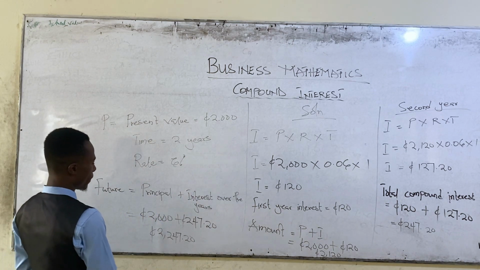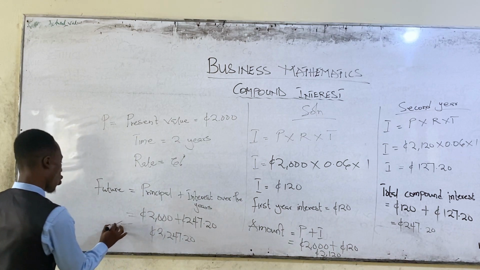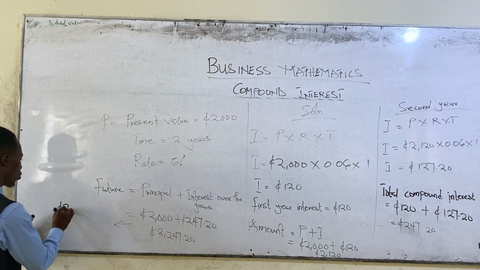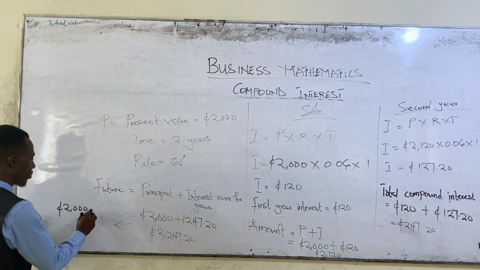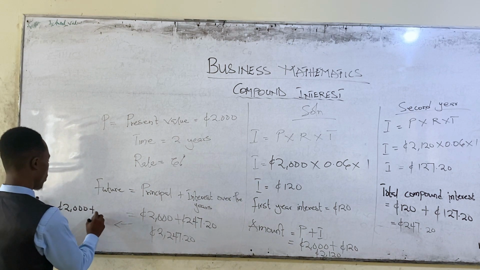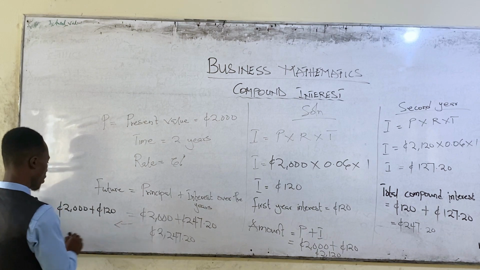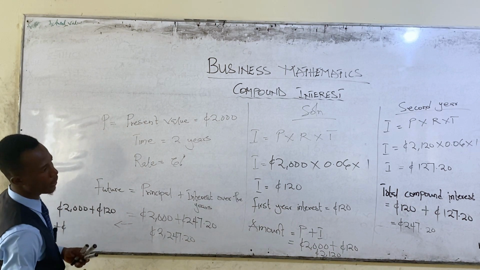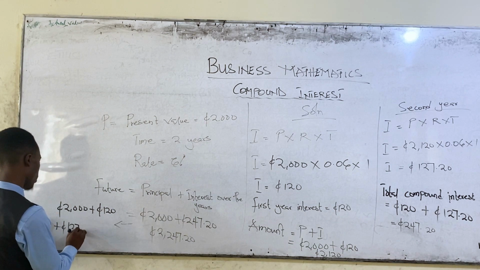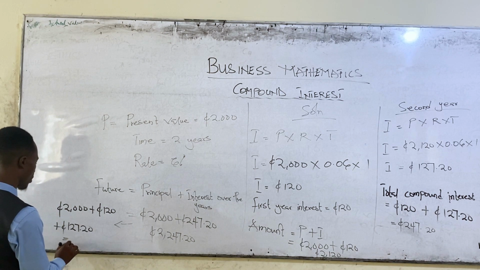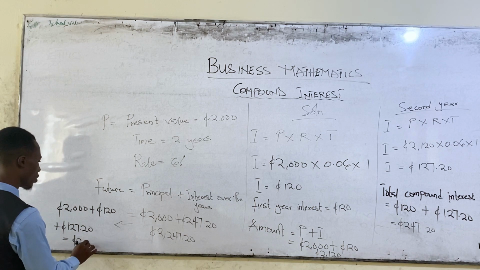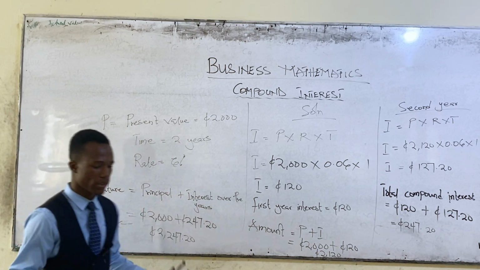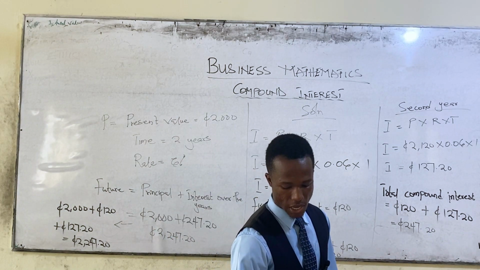Okay, so you can either do it this way or this way. Your 2,000 Ghana cedis plus interest for the first year, 120, plus interest for the second year, 127.20, and still you are going to get 2,247.20. So either way, you are still going to get the same answer.